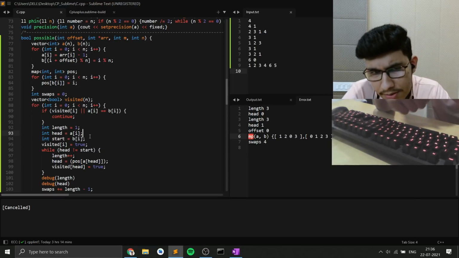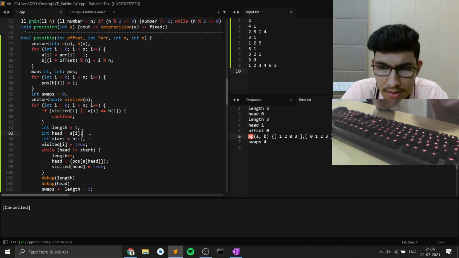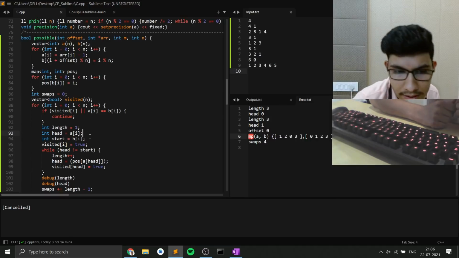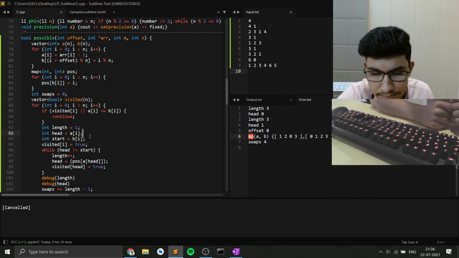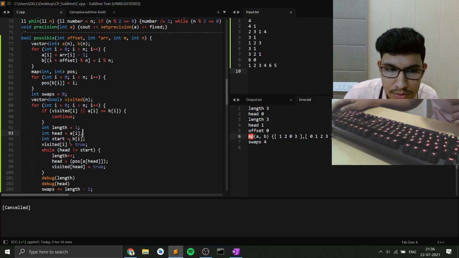I want AI, I am standing at BI, right? So I mark this position as visited, and clearly head is not equal to start. So I do length plus plus and I do head equals to position of A at head. So it tells me to go to 2. Right, but head is only the position.